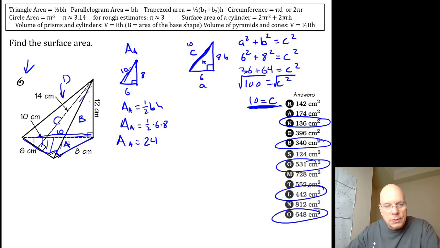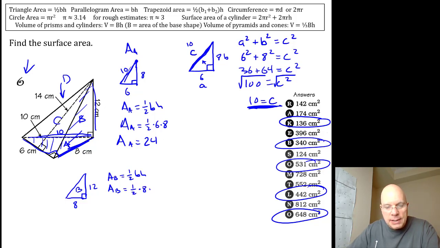B, this one, is also a right triangle, and its legs are 12 and 8. That's B. 8 here, 12 here. So the area of B is 1/2 base times height. Area of B is 1/2 multiplied by 8 multiplied by 12.